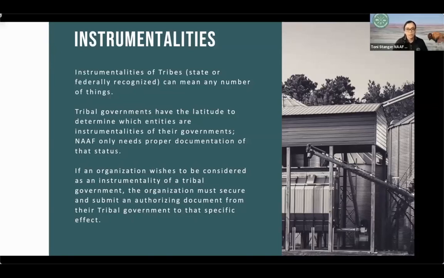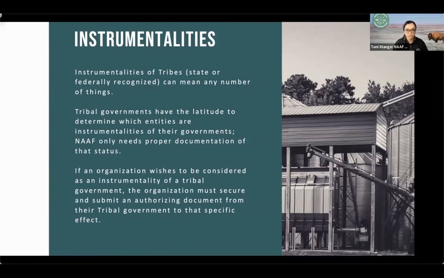It is up to the applicant to provide to us the governing documents that would give us the information so that we know that you're an eligible entity. If you are an instrumentality of a tribe applying on behalf of the tribe, then we need to know that you are a formal instrumentality. So you need to provide us that documentation.